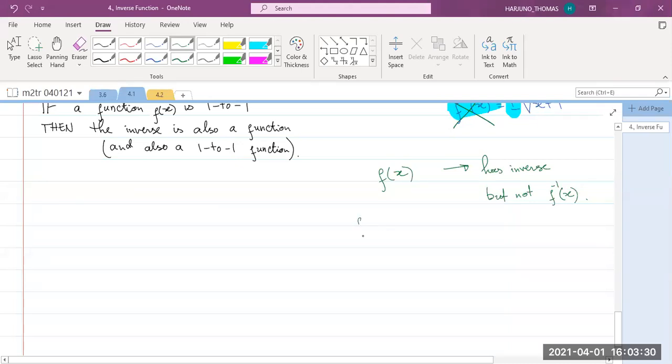Now if f(x) is a one-to-one function, then it has an inverse, and you can use the inverse function notation. So the inverse is a function in itself. And the bonus is that inverse function is one-to-one.